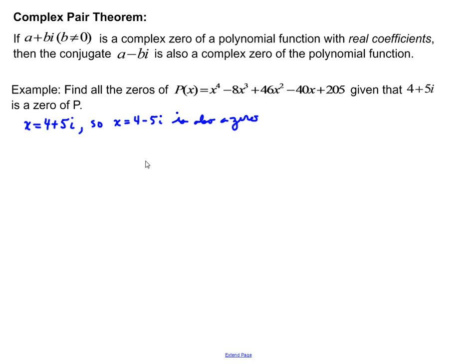All right, and that's useful because we can use this to our advantage. We can take 4 minus 5i, and in the book what they do is they show a synthetic division using 4 minus 5i and 4 plus 5i into a polynomial kind of similar to this one, but I'm going to do something different with you. I always say, well, look, if x equals c is a 0, then we know that x minus c is a factor.